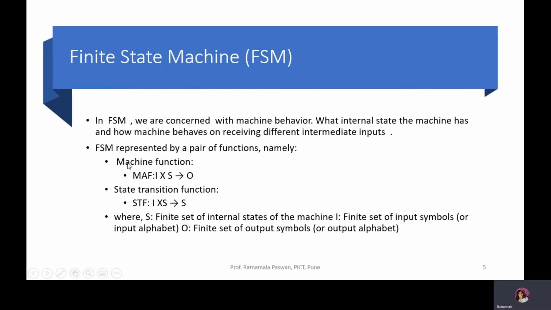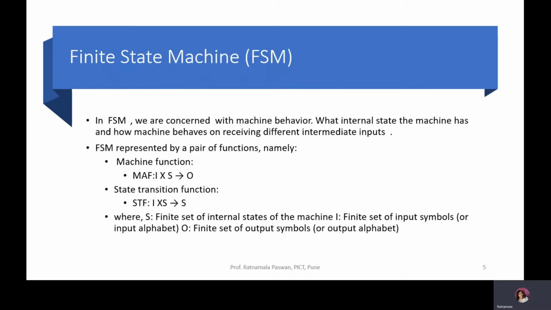It is represented using two functions. One is machine function and second is state transition function. First we understand these notations. I is the input set. S is a finite set of internal states of the machine. And O is the output, again a finite set of output symbols.